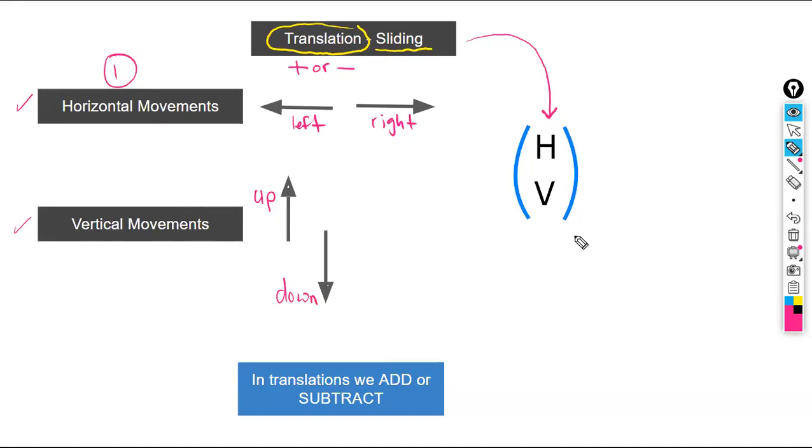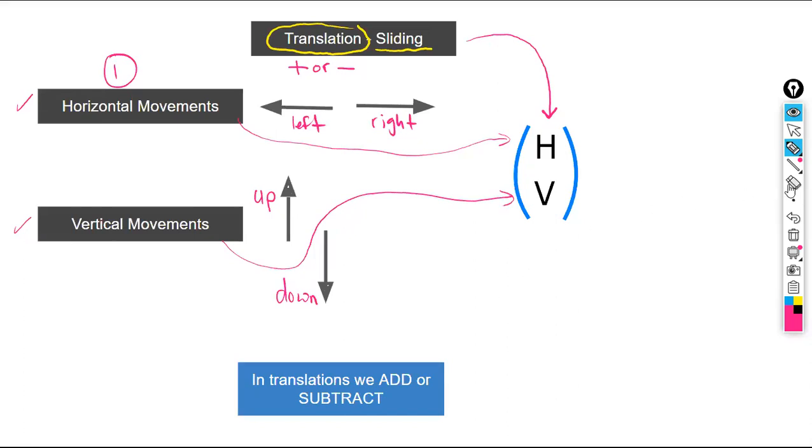So when you're giving your translation, you'll be given 2 values, one on top and one underneath. Notice I use H and V. The top number is always the horizontal movement, always. And the underneath value is always the vertical movement, all right?